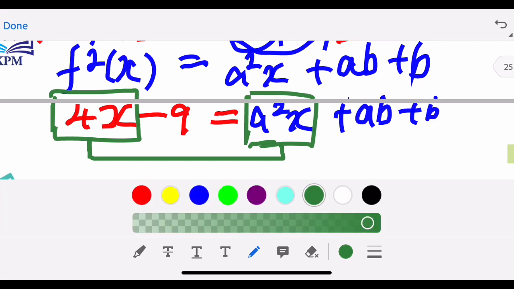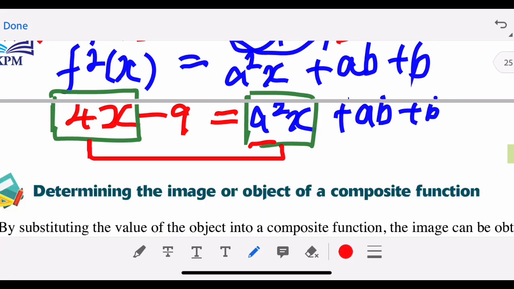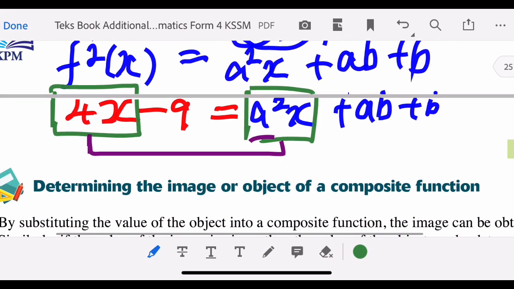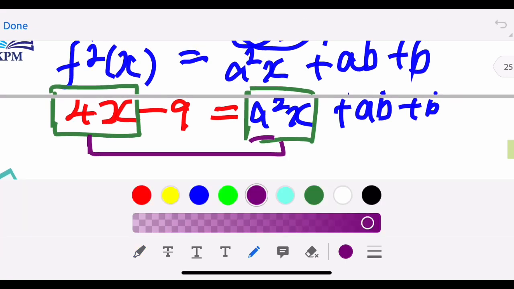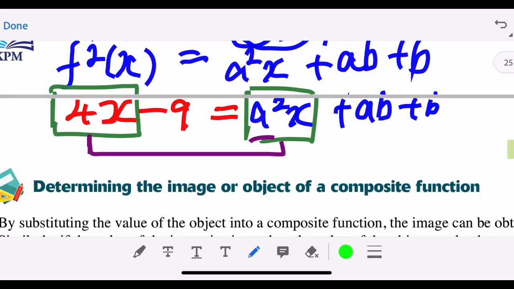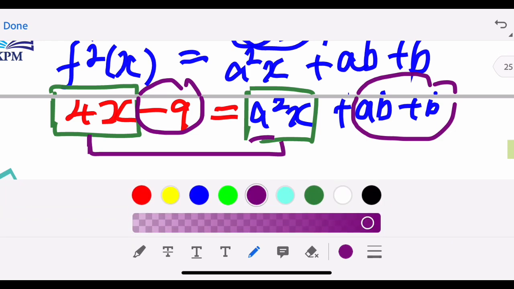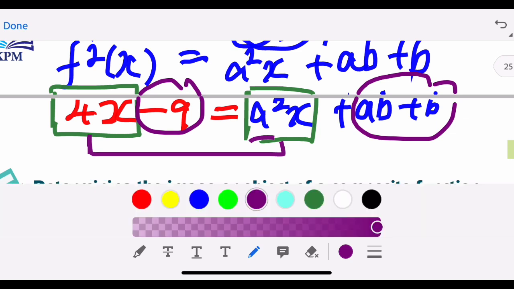Just now it was green. Let's do another one. I'm going to use purple color. So this one, inclusive of the negative sign, I'm going to connect them. So these two must be the same.